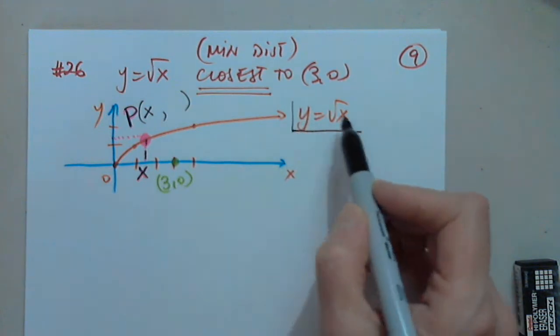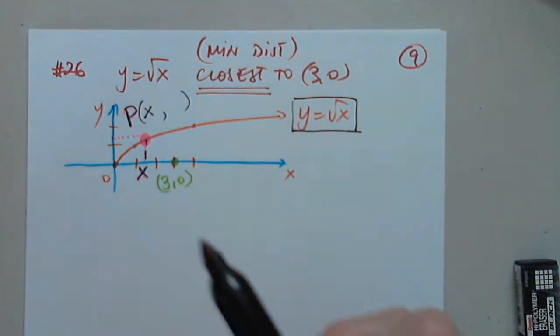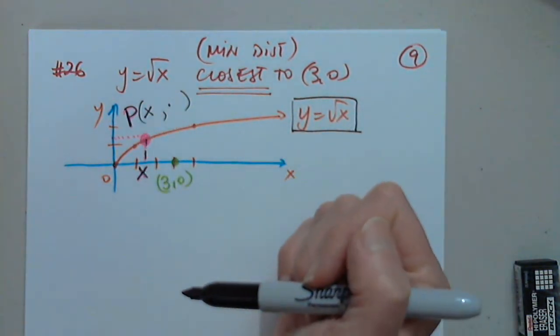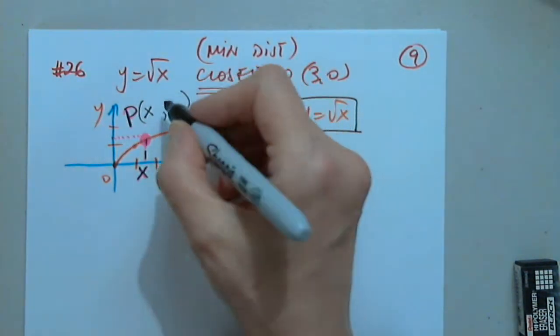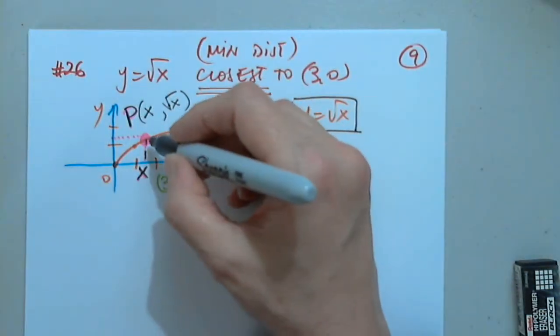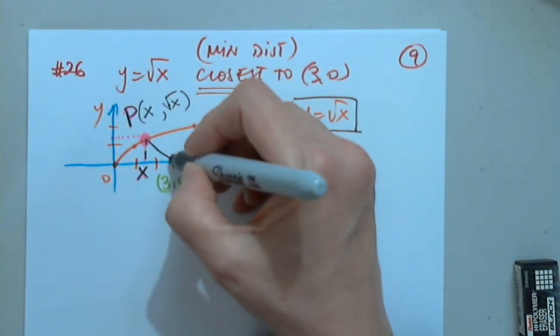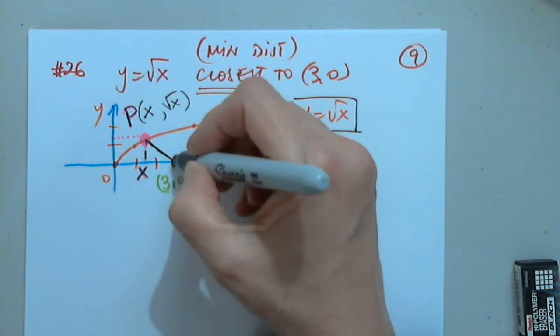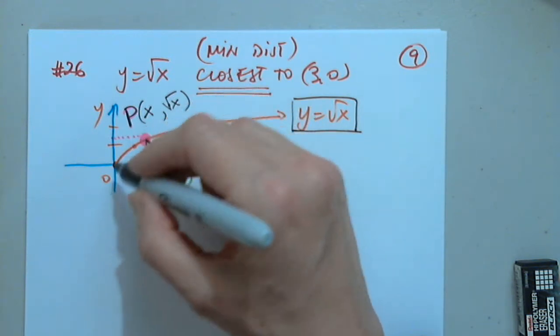The function is y equals the square root of x. Very good. That's it. x comma f of x. Perfect. Thank you. Now, I would like to determine this distance from a generic point P, anywhere you want it.